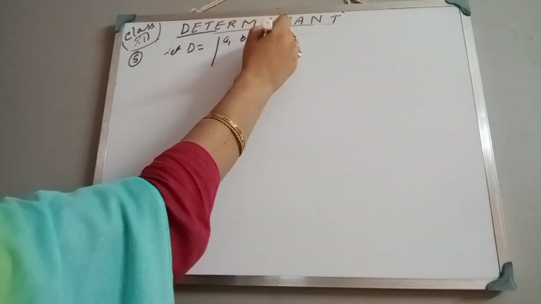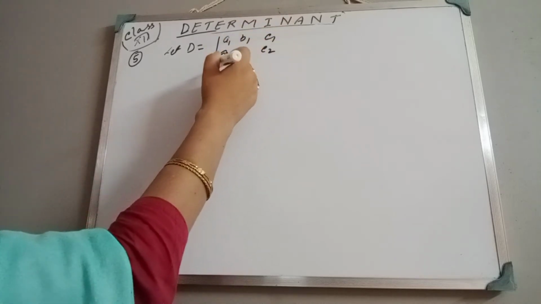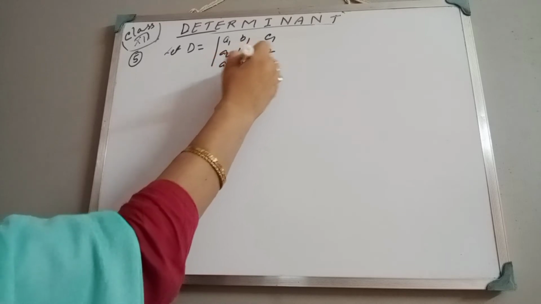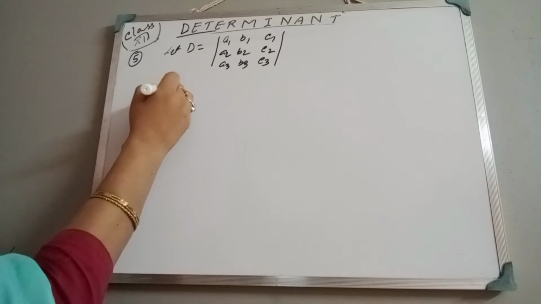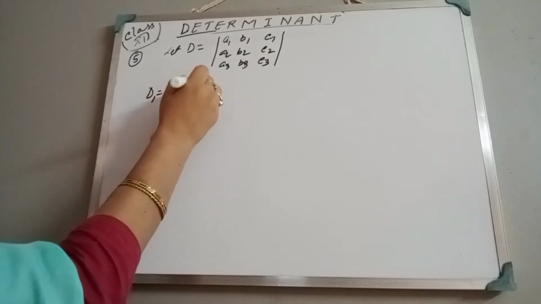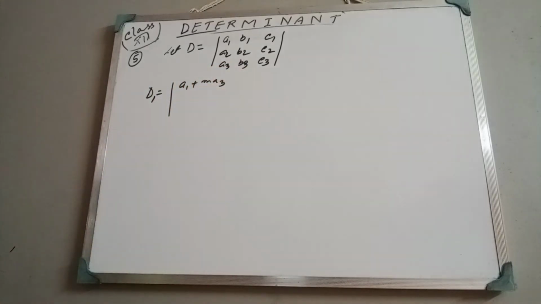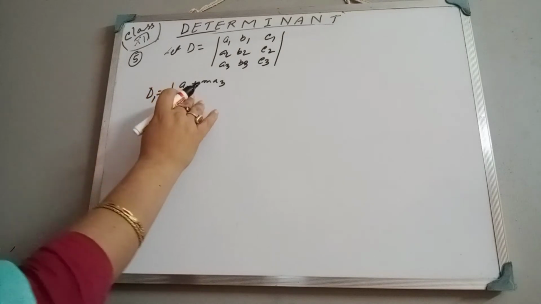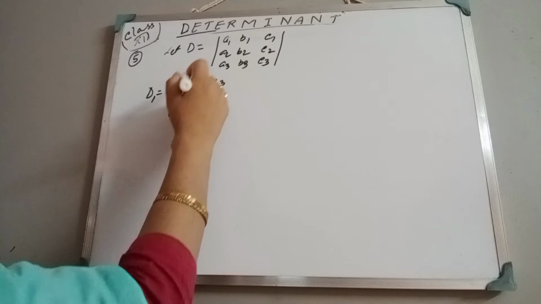A1, B1, C1, A2, B2, C2, A3, B3, C3. Okay. D1 is equal to A1 plus MA3. The value of the determinant remains unaltered if each element of a row or column is increased or decreased. Here it is increased. So A1 plus MA3.